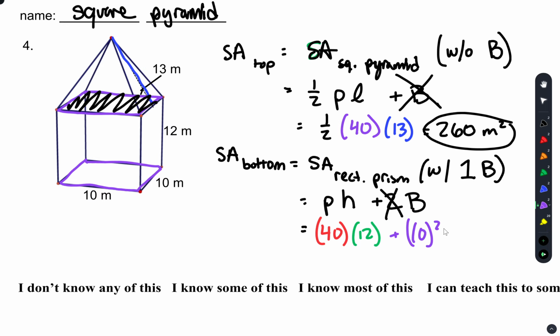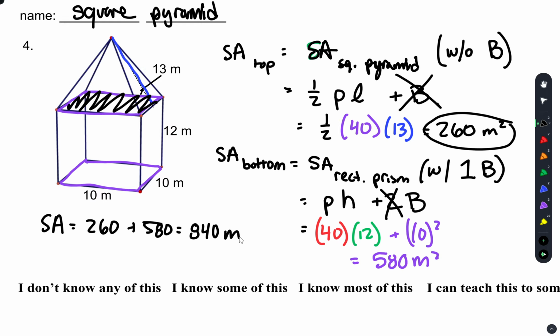And I believe I get 580. So then I'm going to add them together to get my total surface area. 260 plus 580 is 840. Questions?